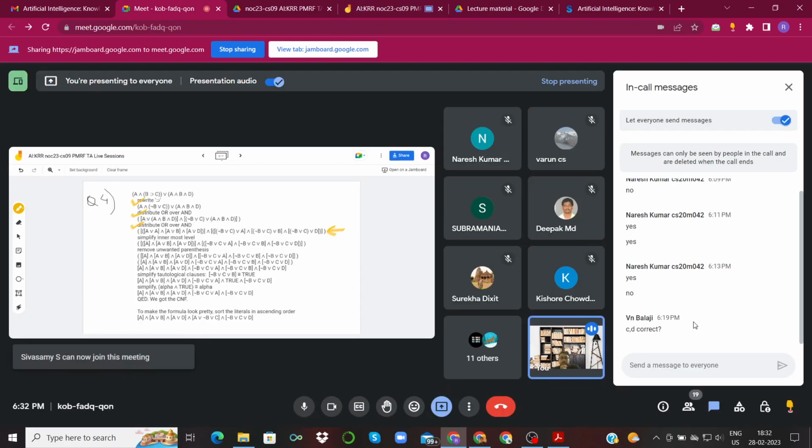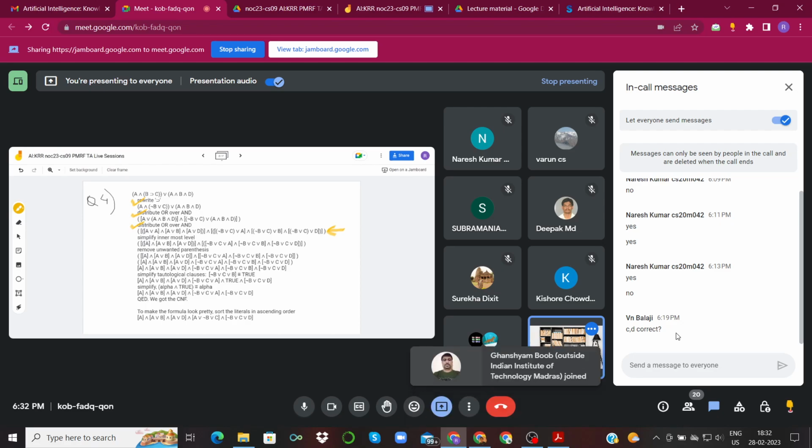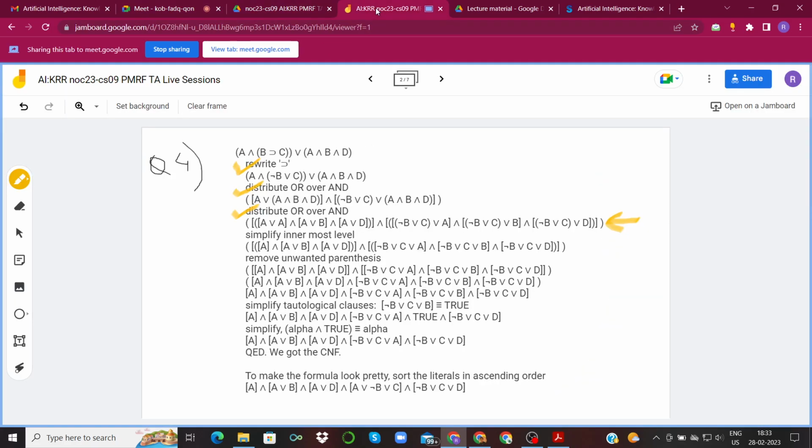Any doubts until this point? No, we are clear. Okay, great. Then you will simplify at the innermost level.